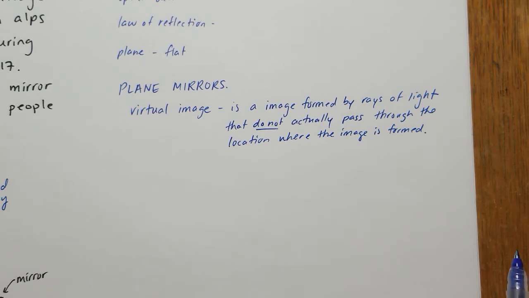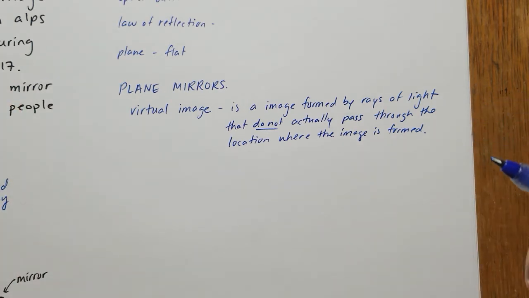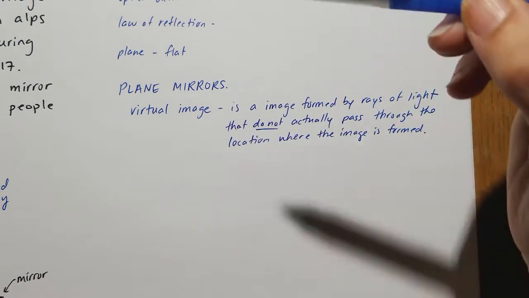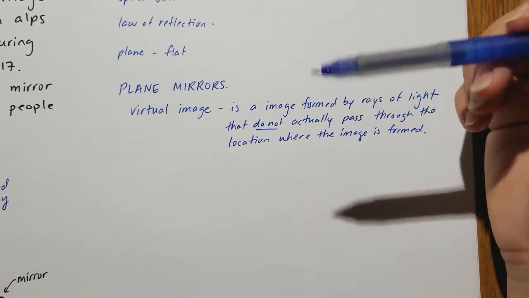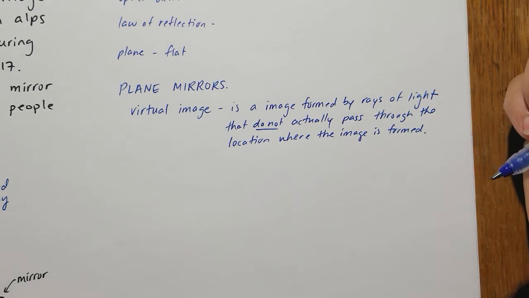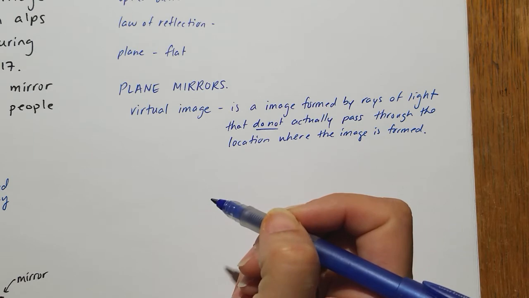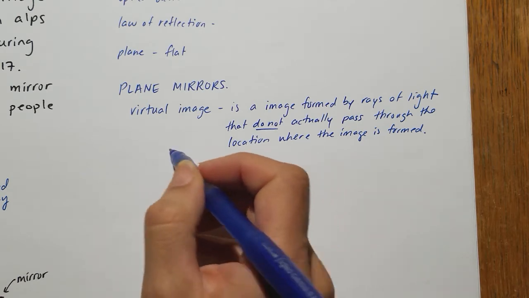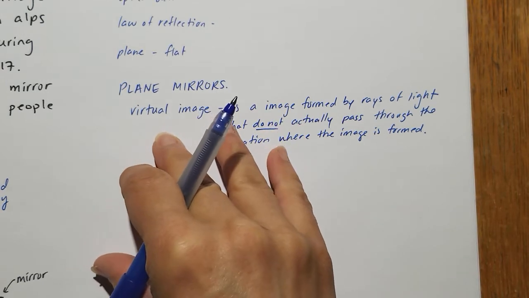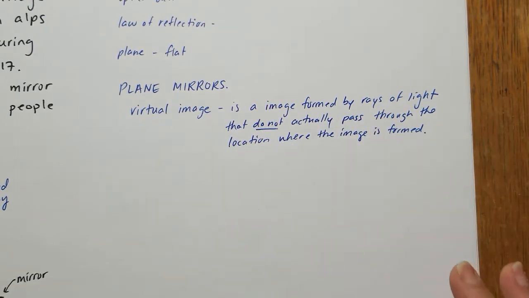But essentially, when you look in a mirror, the rays of light actually are not where the image is. Your eye thinks they're there. Just like when you put a penny in the water, or if you've walked through water, the things at the bottom of the river appear closer, and we're going to talk about that as well.